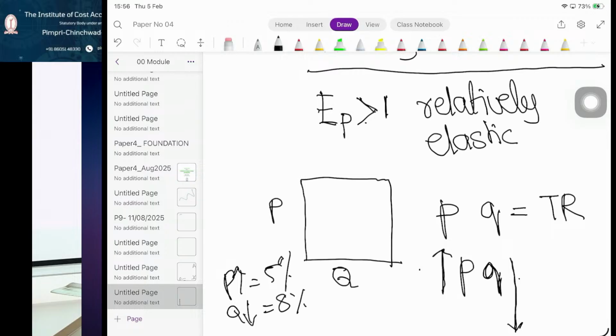Total revenue is a product of P into Q. Because price goes up by 1% and quantity demanded falls by more than 1%, my total revenue will decrease.